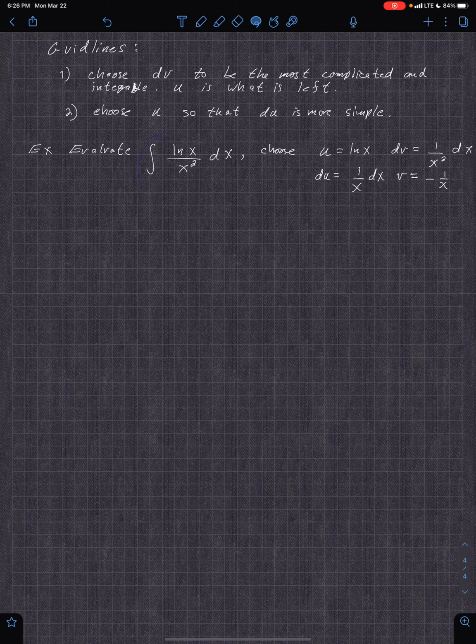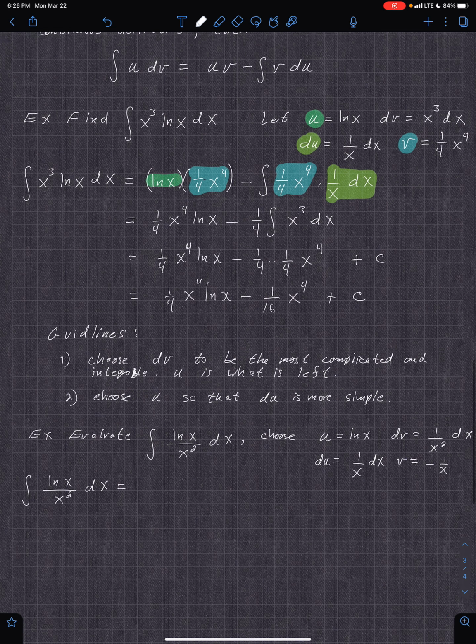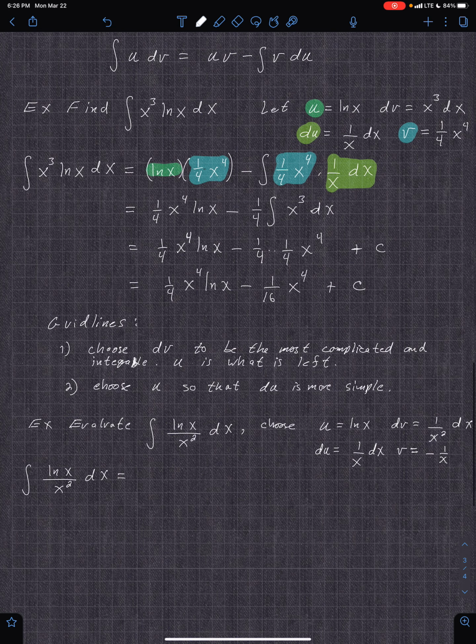And what do we have? So you have this integral here. And let's put in your parts formula. This is something you would definitely want to memorize, like the basic form.